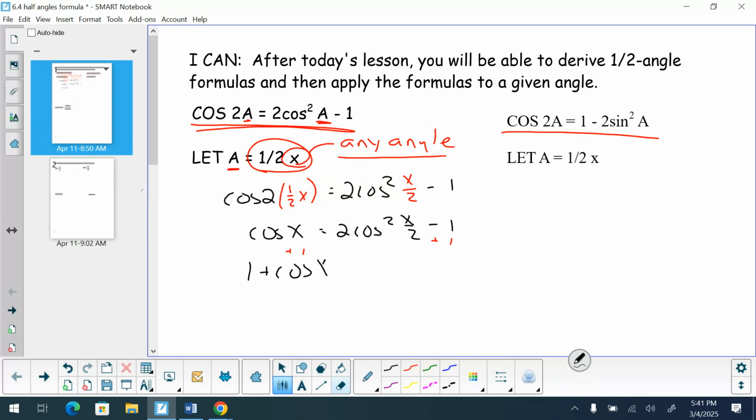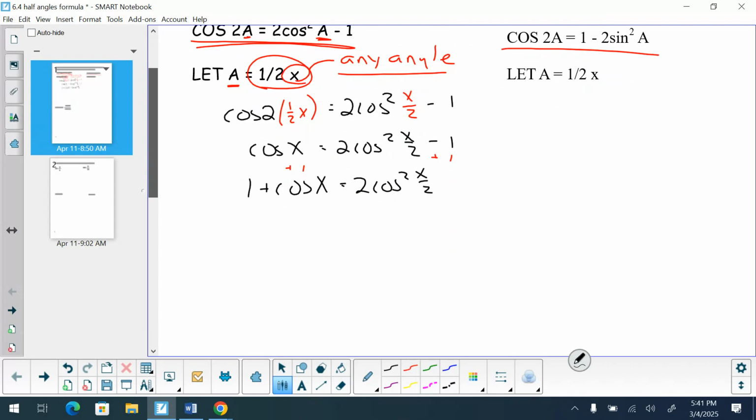That's going to be equal to 2 cosine squared x over 2, which is a half angle. Dividing by 2, and I'm going to switch it around, cosine squared x over 2 is equal to 1 plus cosine of x, all divided by 2.